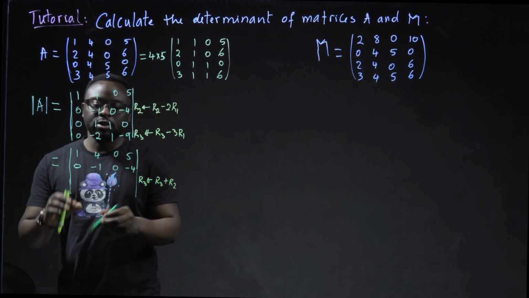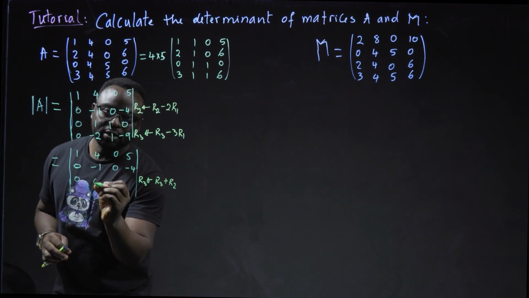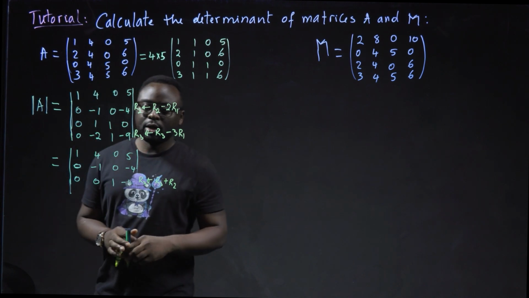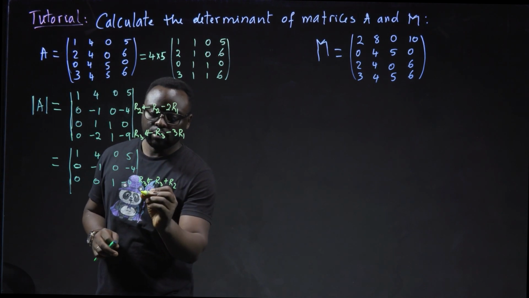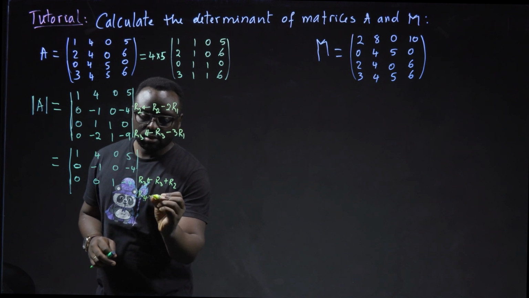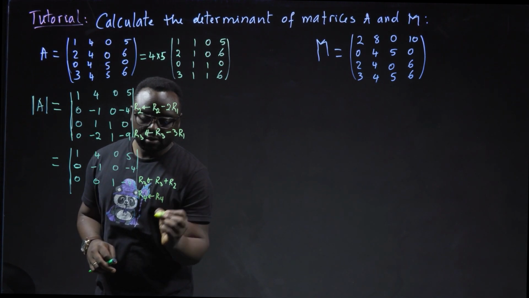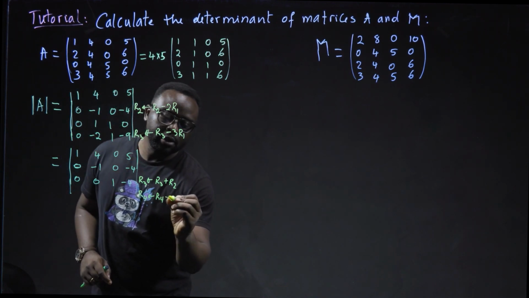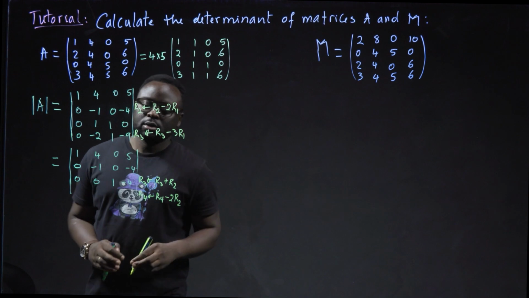So if we sum up these two, we have 0, 0, 1, and minus 4. And the last one, we say R4 becomes R4 minus 2R2.